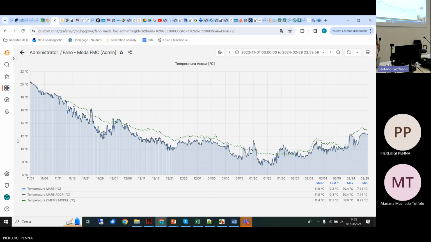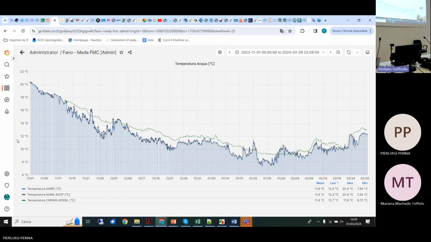This picture shows the temperature trend starting from November last year and real-time data or data saved in the cell. What you are seeing? Yes, starting from 20 Celsius degree and move until 25 of January at about 8 degrees.